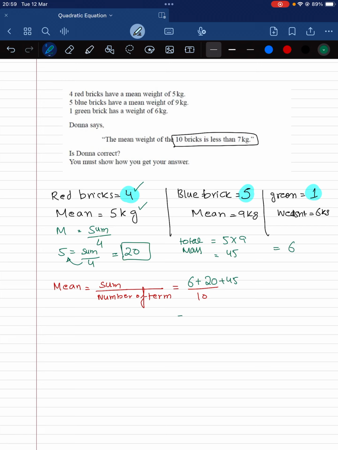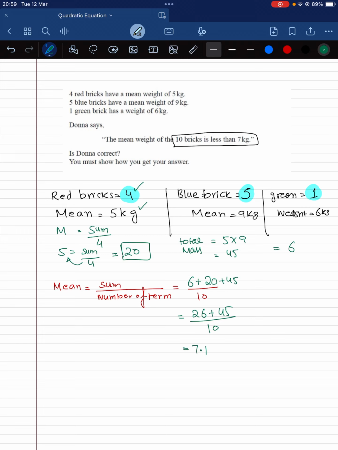So if we add them, it's 26 plus 45 over 10. Let me calculate. 26 plus 45 over 10, so it's 7.1. So it means that the total mean of the 10 bricks is 7.1.